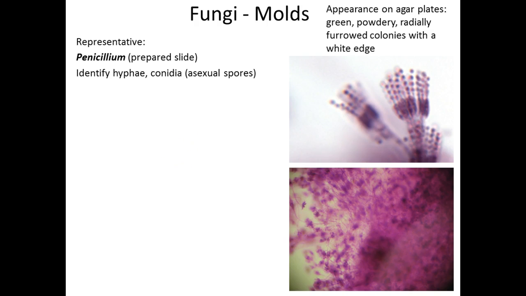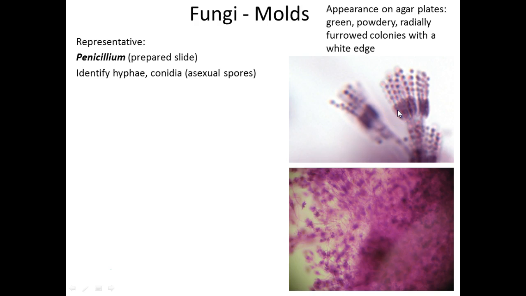So for Penicillium, we most famously know this mold by a product it produces that we steal all the time called penicillin, right? But this guy also does other cool stuff. And again, to identify it under the microscope, you're going to look at its conidia. And in this case, you can see it without it even being cross-sectioned.